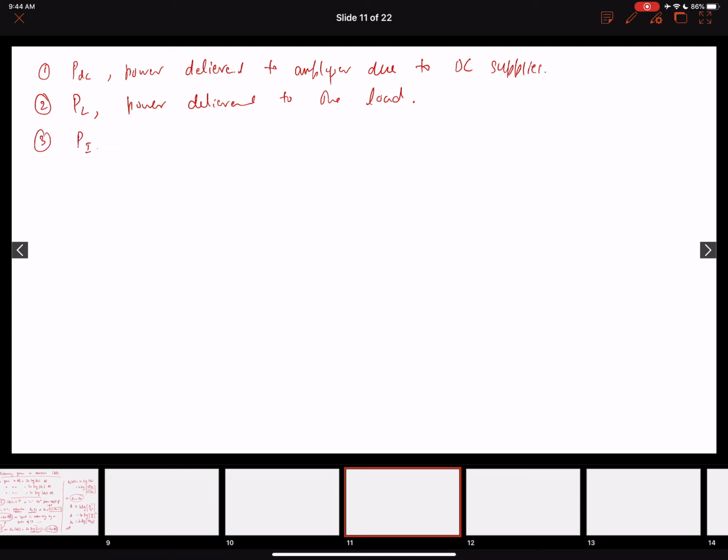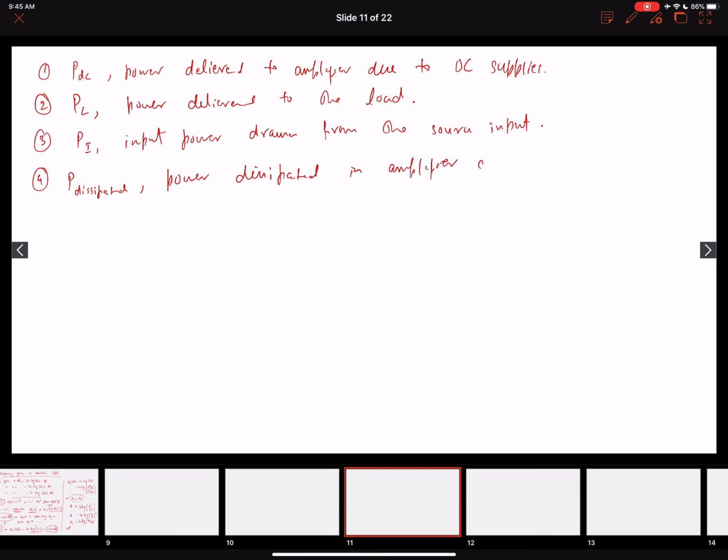Third is PI, the input power drawn from the source input. And fourth is P dissipated, which is the power dissipated in the amplifier circuit. An example could be the heat.